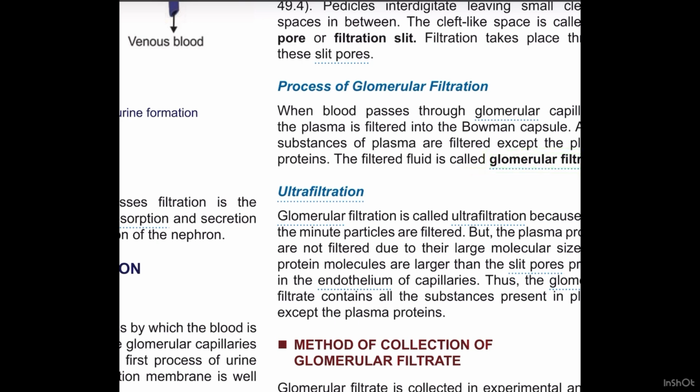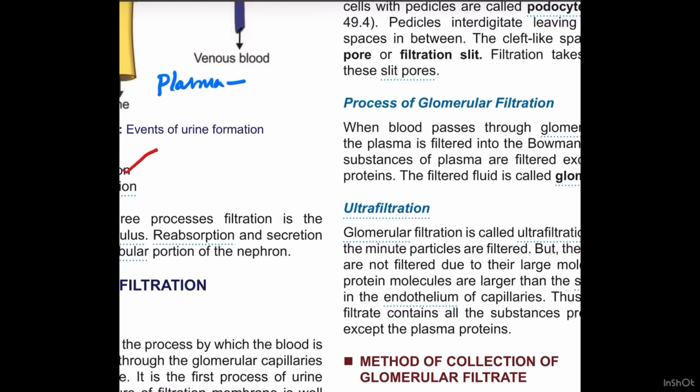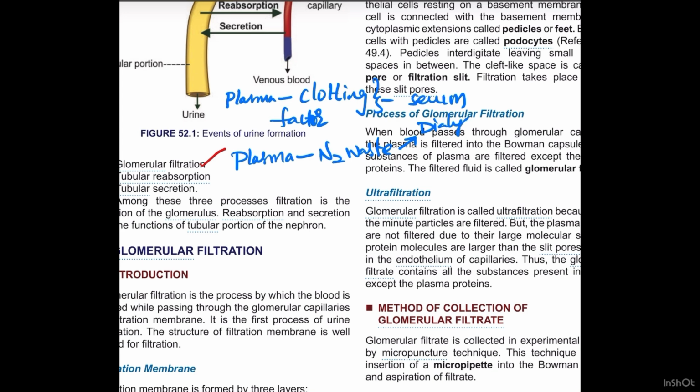Now let us have an idea of some terms. Some of the terms I am going to tell you. When you go with plasma minus clotting factors, then you can consider this as serum. Okay, if you are telling plasma minus nitrogenous waste, you can consider this as dialyzing fluid.